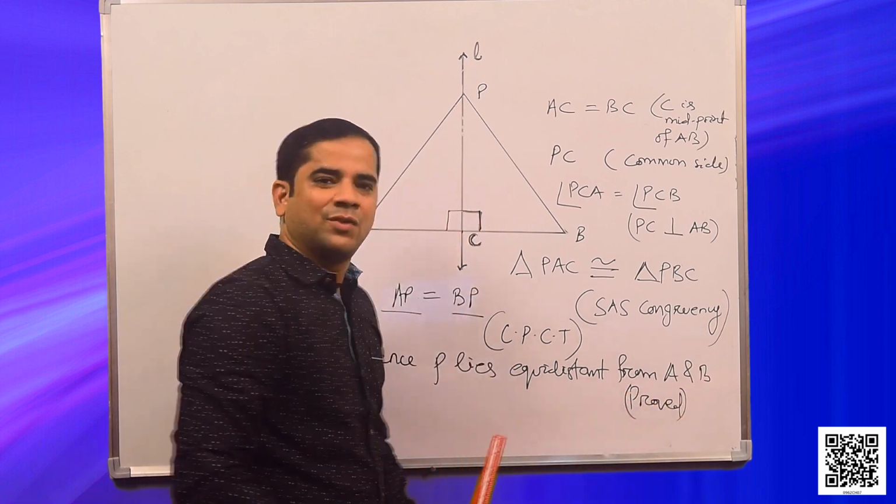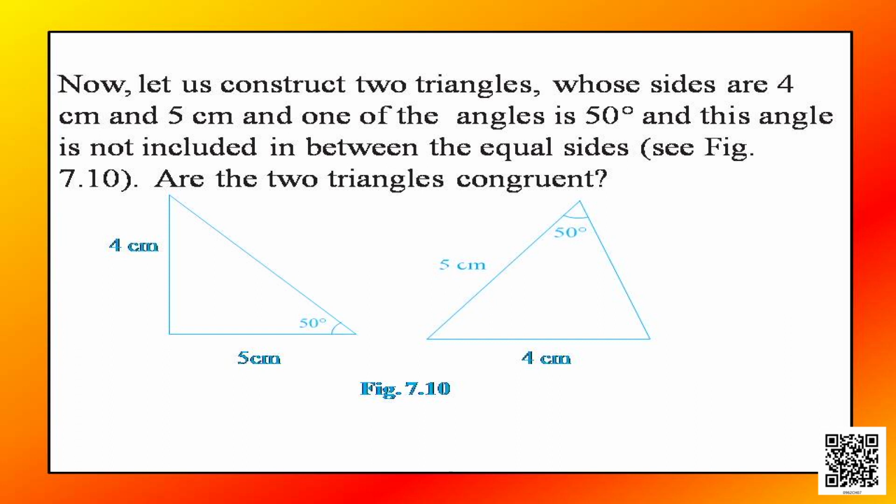Proved. Okay. So students, now let us construct two triangles whose sides are 4 cm and 5 cm and one of the angles is 50 degree, and this angle is not included between the equal sides. You can see it in your book, the diagrams are given.